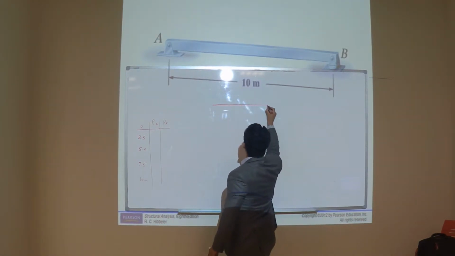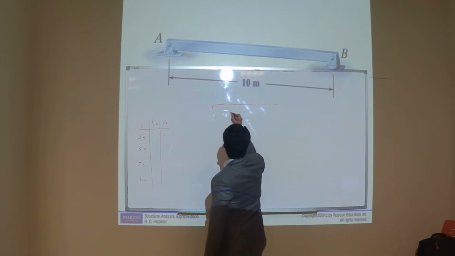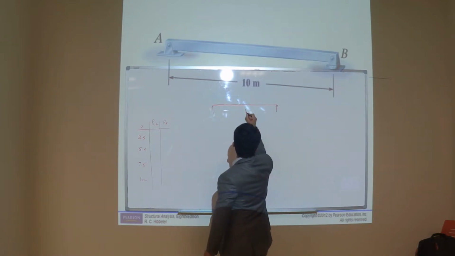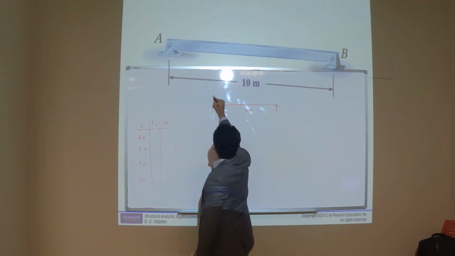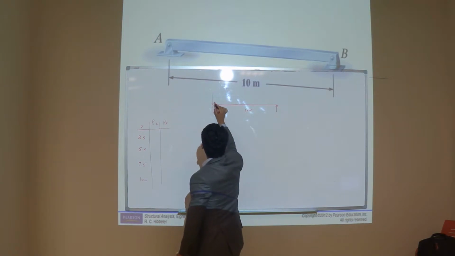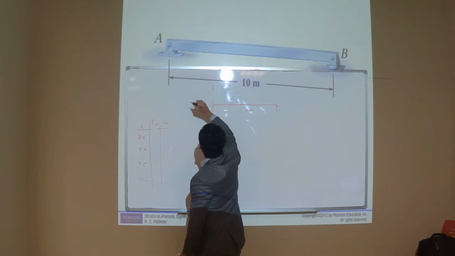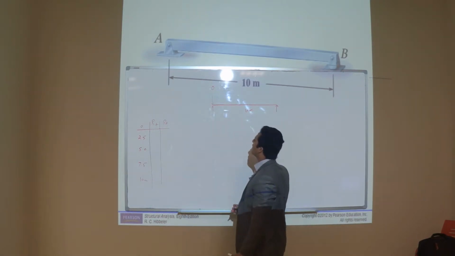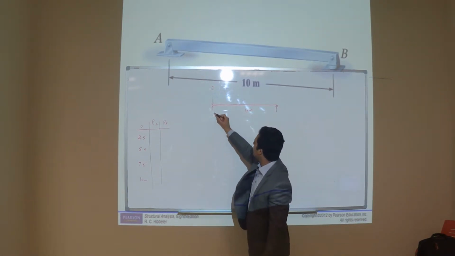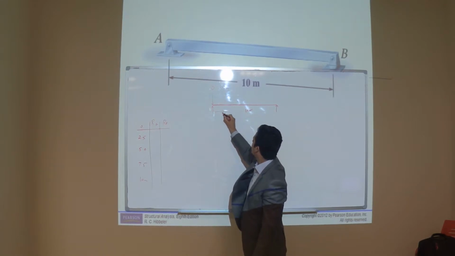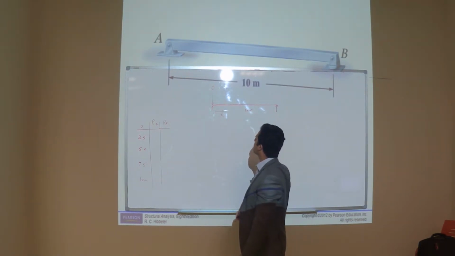In the first step, this is your beam, 10 meters. I put the load at x equal to 0. The load is 1, and x is changing in this direction.